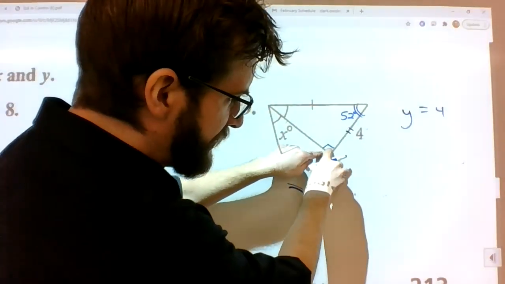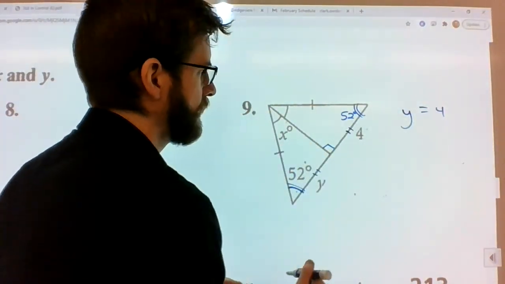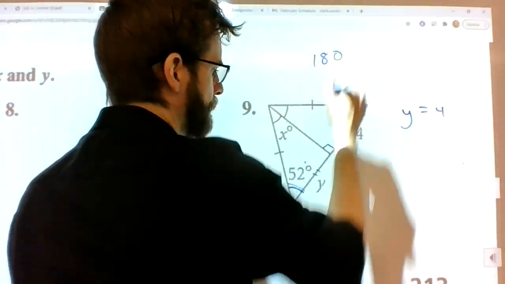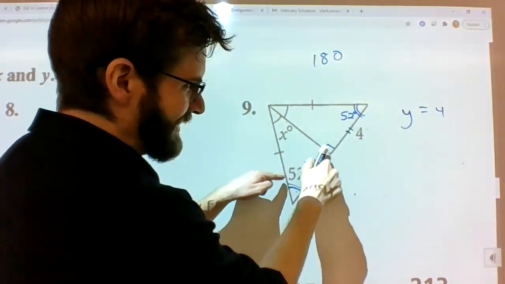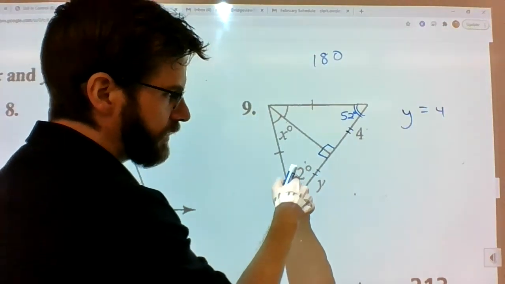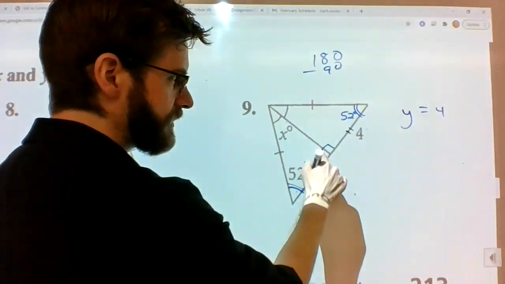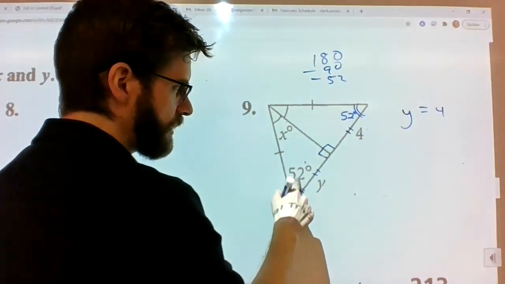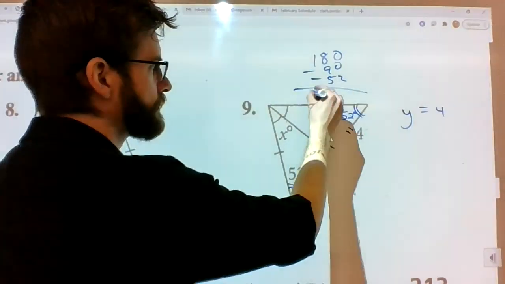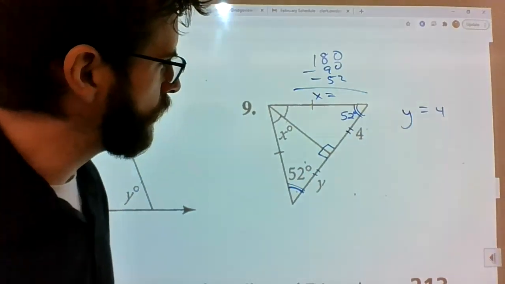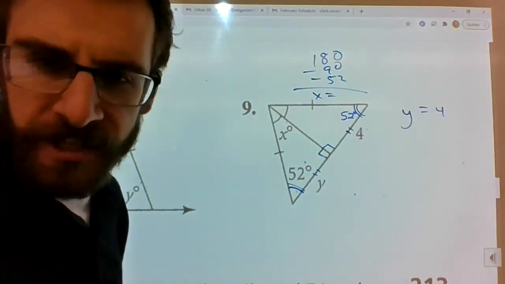And because you know that this is 90 degrees, 90 plus 52 plus x equals 180. So if I take 180 minus 90 minus 52, that gives me x. So x must equal 38 degrees.